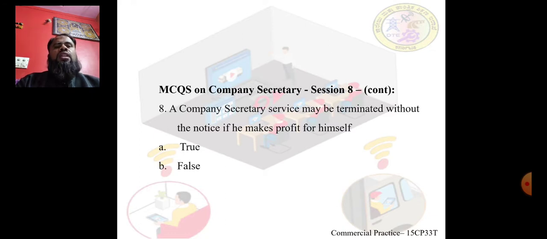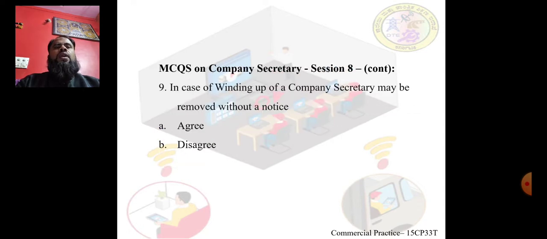Option A, true. Option B, false. The answer for this is option A, true. A company secretary's service may be terminated without notice if he makes a secret profit for himself. That is why option A is the true answer. Then comes the next question.